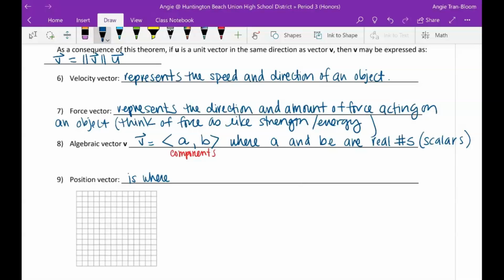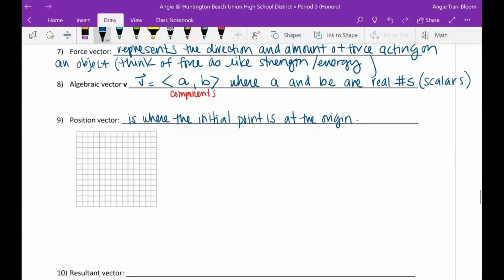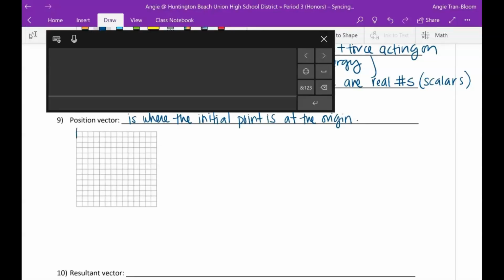Position vector is where the initial point is at the origin. Normally we draw vectors using two dots, one is the beginning, one is the end.